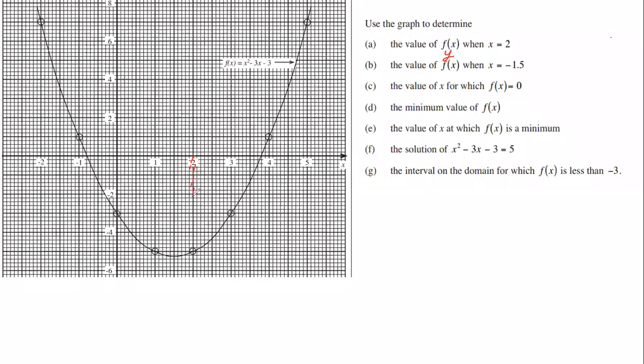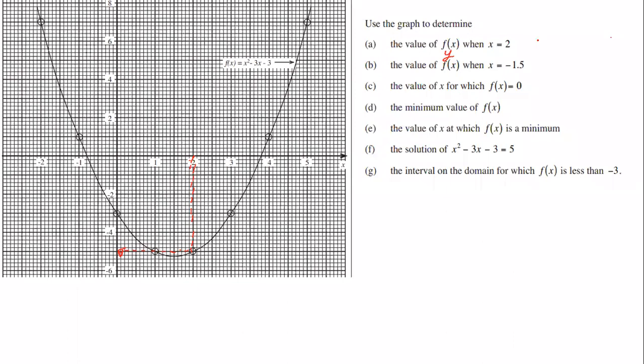I go down. Everybody see that? Then here now I'll come across. Now, what is this figure? -5. Right, so we get -5.